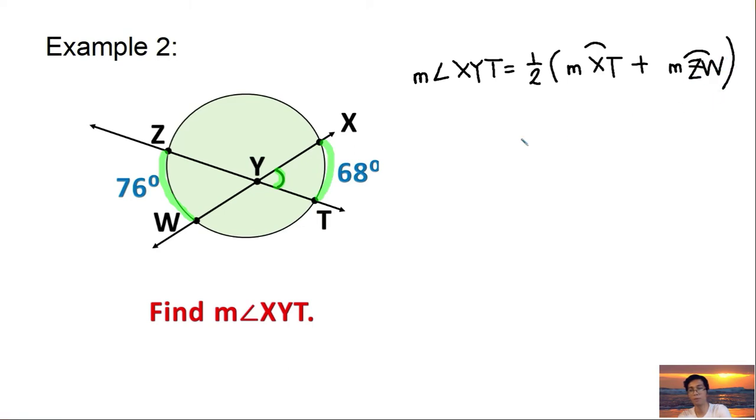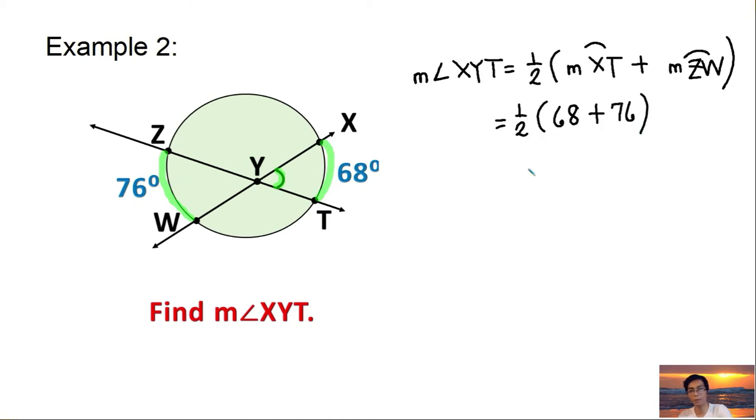So, angle lang nawawala. Binigay naman yung dalawang arcs. So, substitute na natin. So, that's 1 half. Si XT, measure is 68. So, quantity, 68 plus si ZW, given na rin, that's 76. Simplify muna natin to.